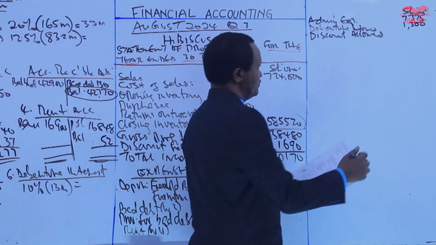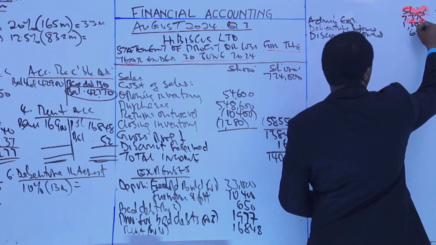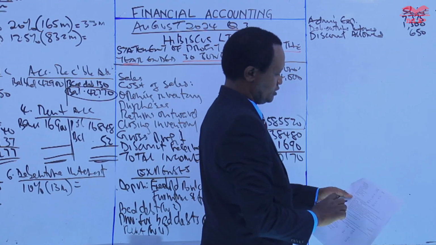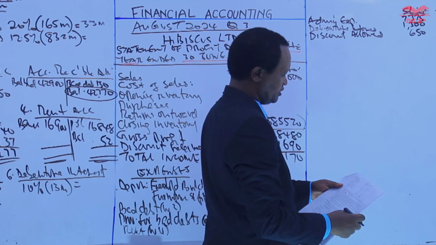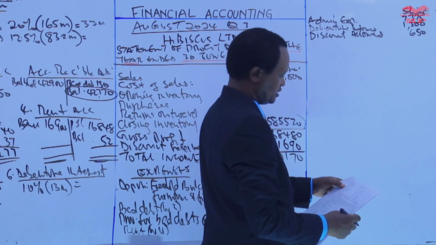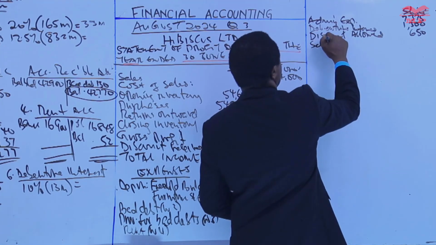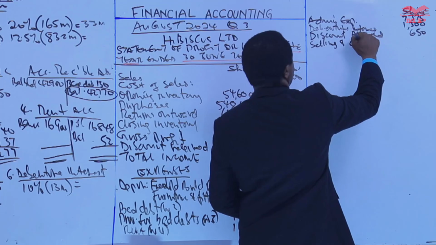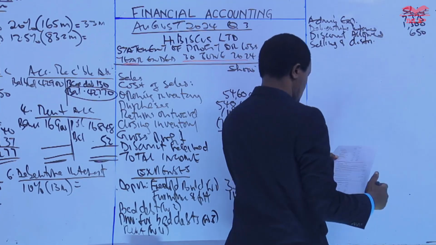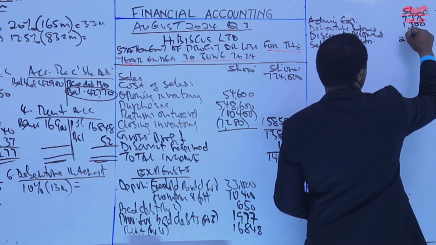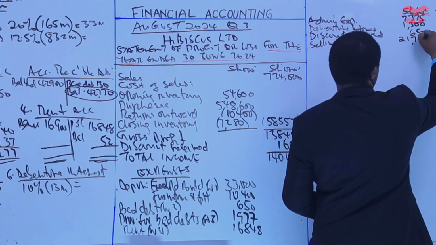Yes, 650. We run through the trial balance on the debit side. Do you identify any expense? Yes, below rent expenses, you have selling and distribution. The amount is 21,710.